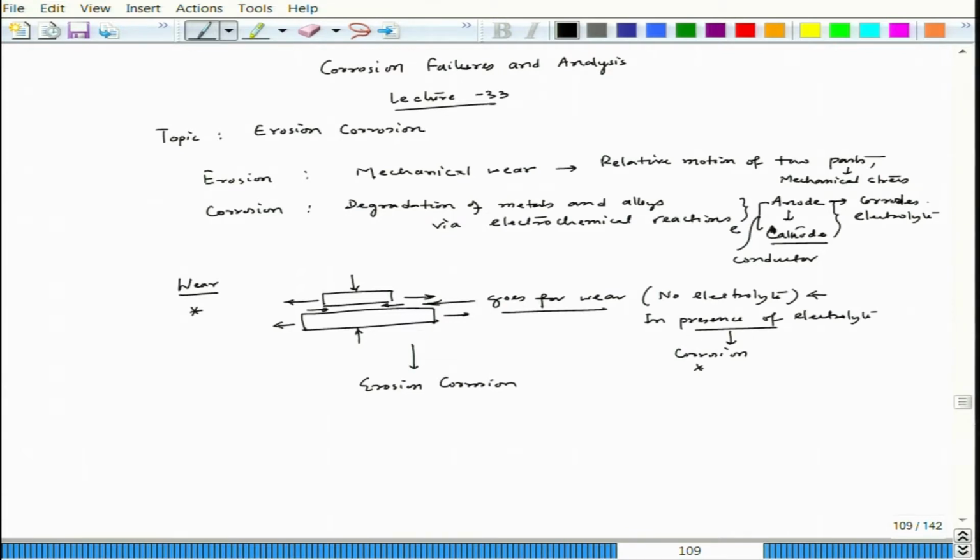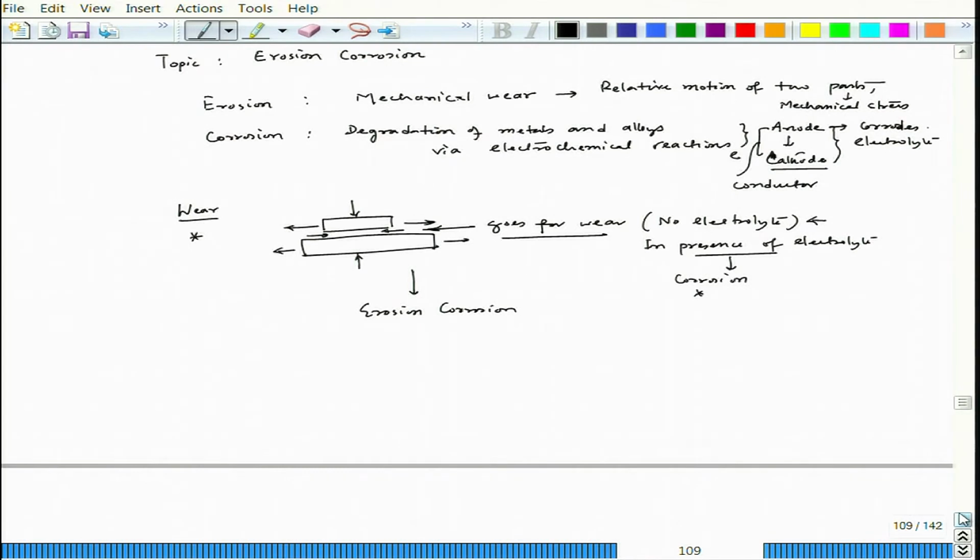Now, there are methods of doing wear, like as I said, there could be a rotating movement, or there could be reciprocating type movement. That actually leads to a kind of friction factor which leads to material loss, and of course, this is under mechanical stress.